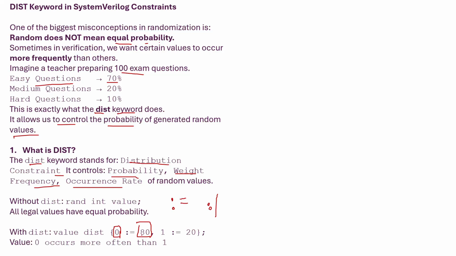That means 0 will be produced 80% of the time. If you repeat 10 times, in those 10 times I need to get 8 zeros, and only 2 ones. It is based on the percentage mentioned. So 0 occurs more often than 1.